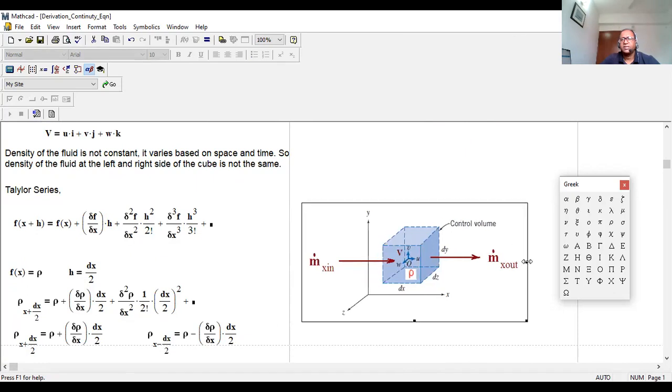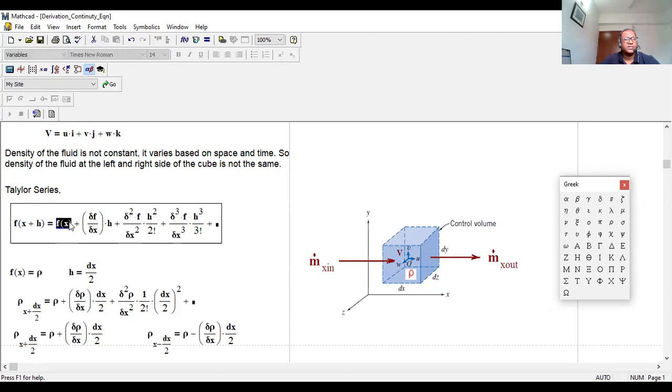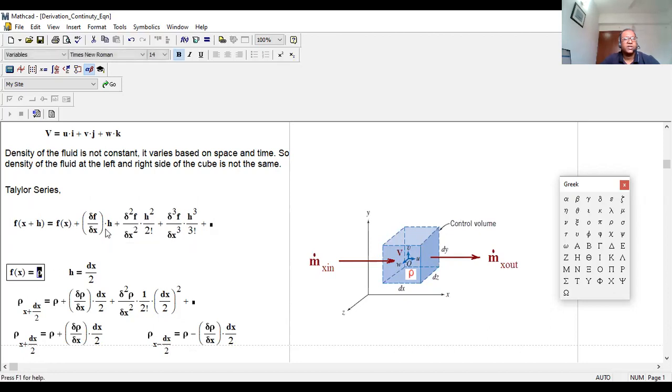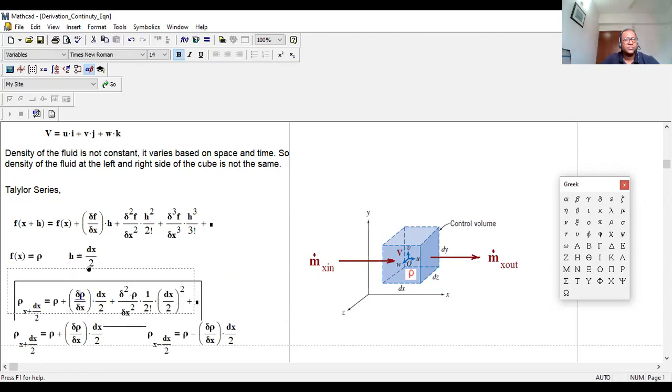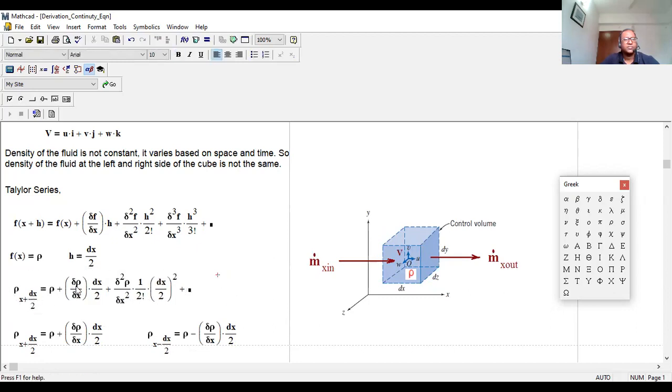So what will be the density at distance dx by 2? The function f(x) will be rho, and here you put dx. You put this in, then we get this equation. And this higher order term, dx by 2: dx is a very small term.